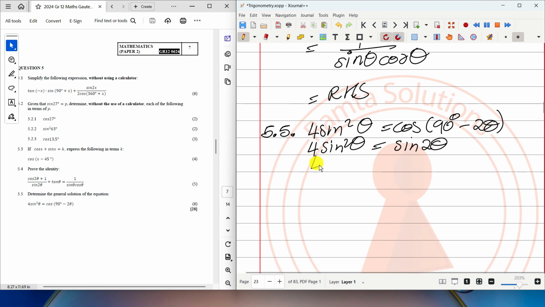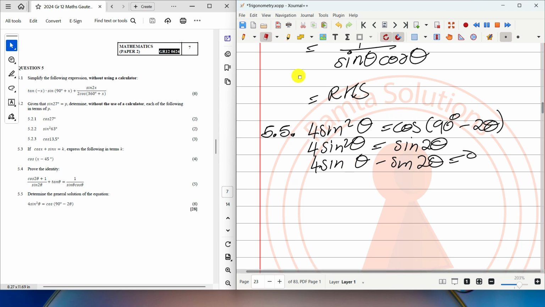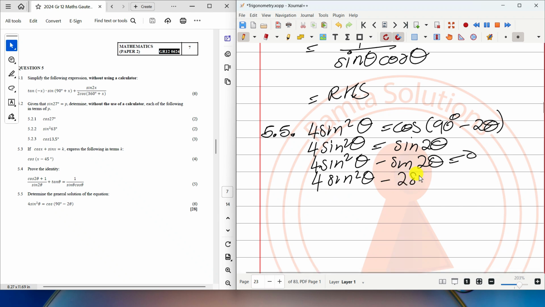So this, we know that it is 4 sine square theta minus sine 2 theta equals 0. So please do not confuse these guys. This is sine square, not sine 2, okay? Sine square theta, right? So this then becomes 4 sine square theta minus 2 sine theta cos theta equals 0. There's a common factor here. What is it?